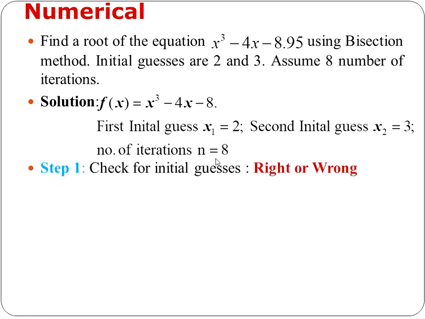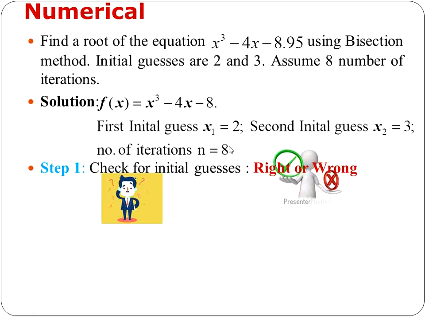Now in step 1, we have to check whether the initial guesses are right or wrong. If initial guesses are given, most of the time they are right. If you are assuming your initial guesses, then you have to always check whether they are right or wrong. That is the first step in such type of numericals. So how do we check? Already we have discussed in the algorithm how to check our initial guesses.